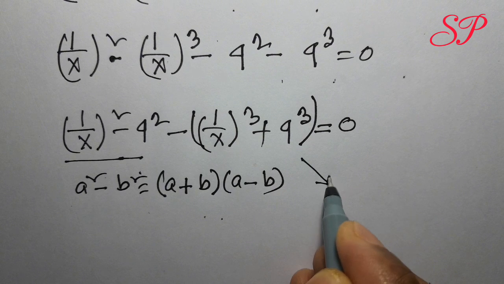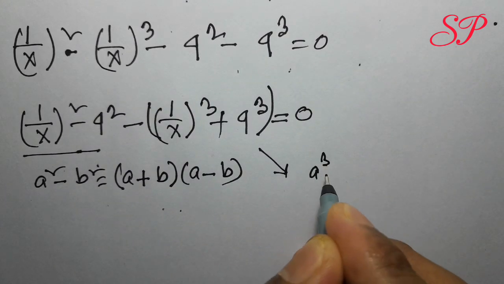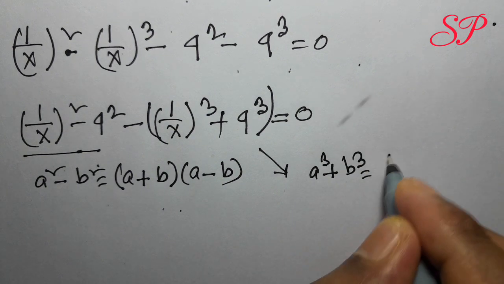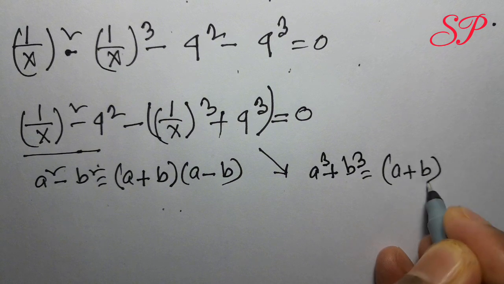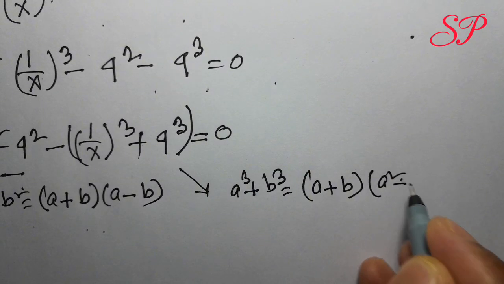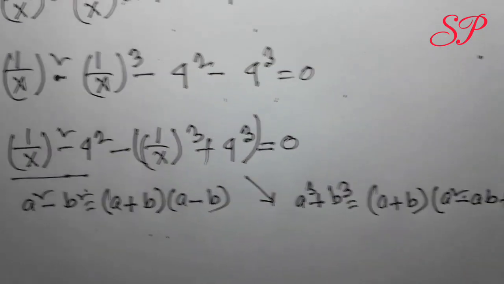Then we use the formula a cube minus b cube as (a minus b) into (a square plus ab plus b square).